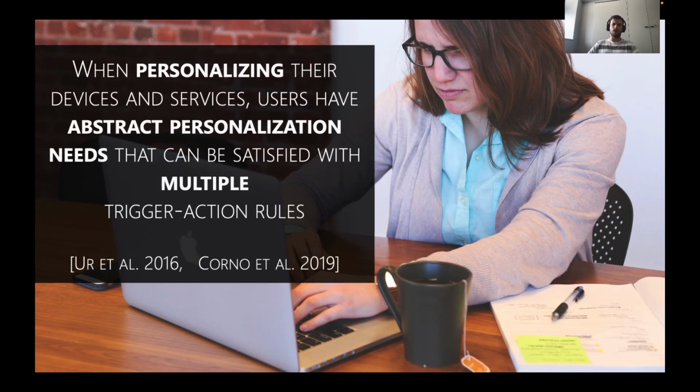Previous works demonstrated that when personalizing their devices and services, users think about abstract personalizations rather than focusing on specific devices and services. They would like to illuminate a room or increase its temperature independently of the involved connected entities.